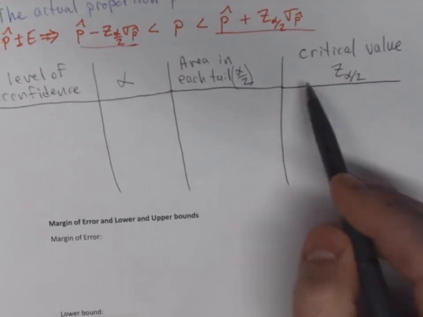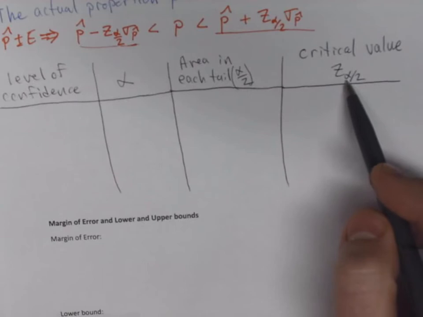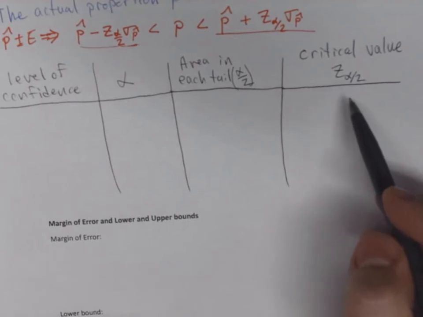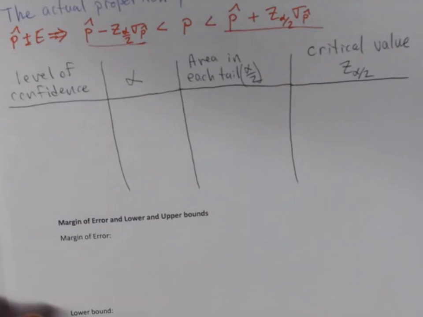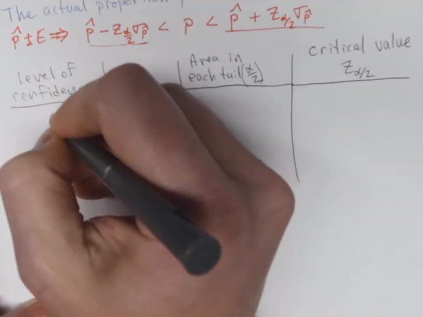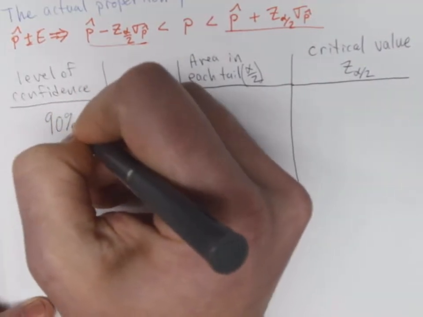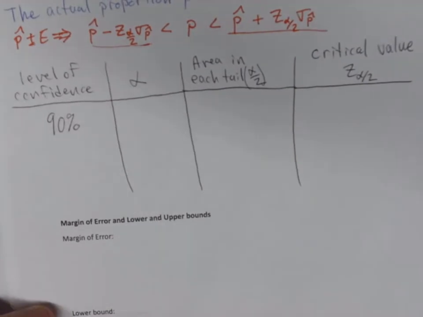All right, so when you look up the value in the Z table, this is the number on the outside edges. All right, and so if you have a 90% confidence interval, what does that tell you your alpha is?